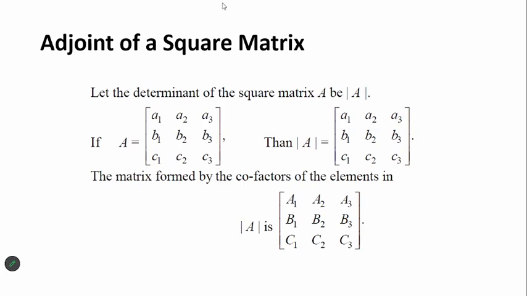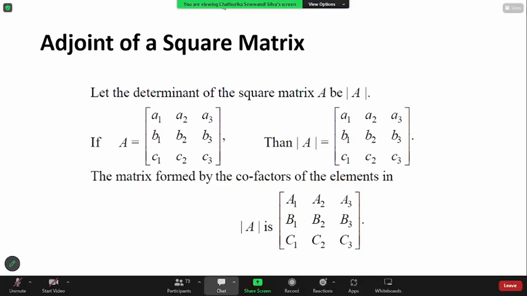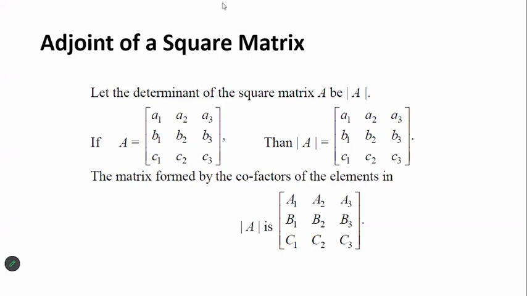Last week, you learned how to find the minors, how to find the cofactors, and then next, after you find the cofactor matrix, the next one is adjoint. If I ask again, what is the difference between the cofactor matrix and the adjoint matrix? What is the difference between the matrix created from the cofactor elements and the adjoint matrix?